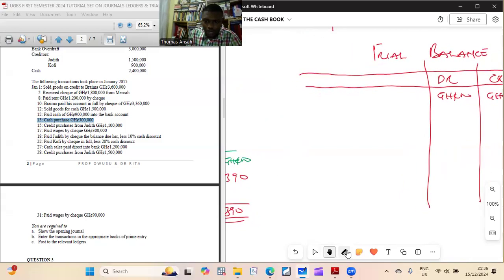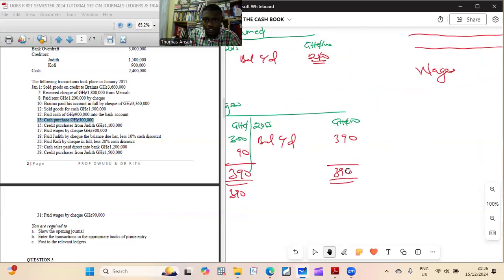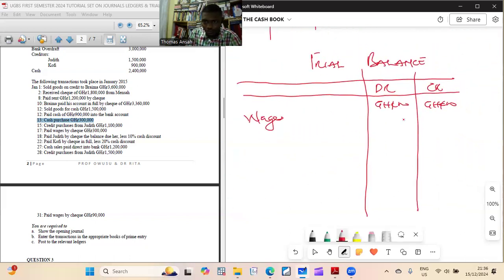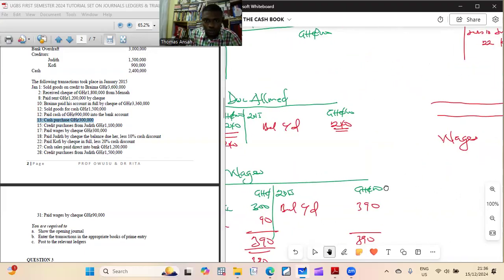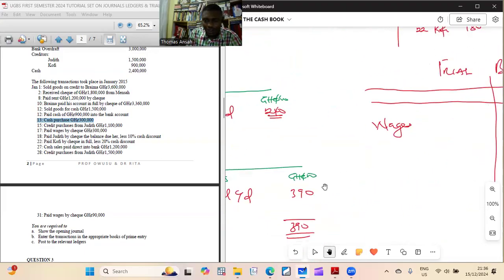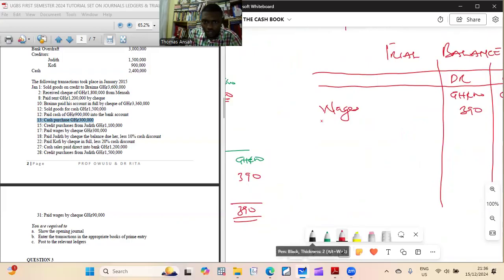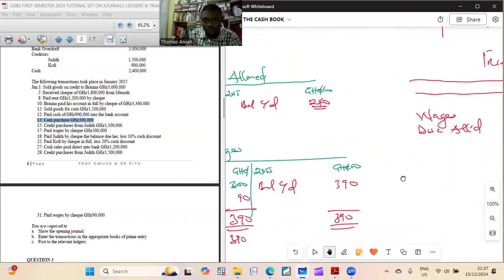We did wages, right? We balanced off wages, and it had a debit balance, so wages 390 debit. What else did we close right now? Discount allowed. So you can just close it out. Discount allowed is 240, right?